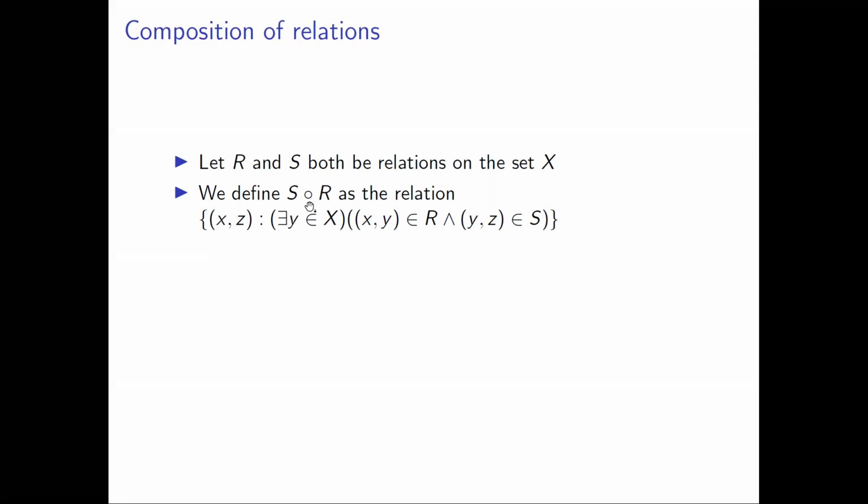We say S composed with R, and we define this as the relation which consists of the ordered pairs x, z for which there exists some y, which is an element of the set big X, for which x, y is an element of the relation R, and y, z is an element of the relation S. And this is the composition S composed with R.